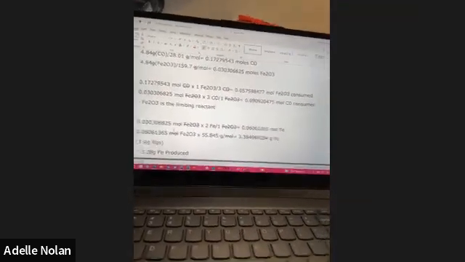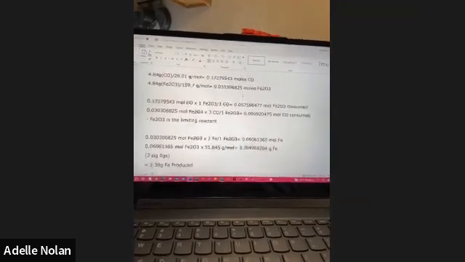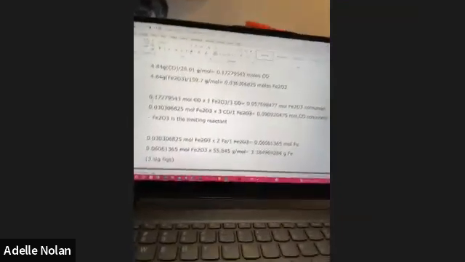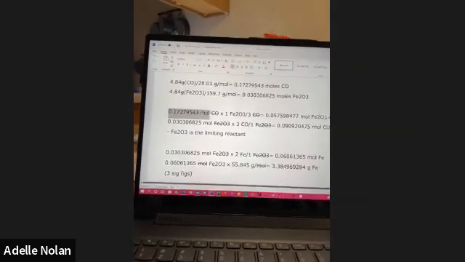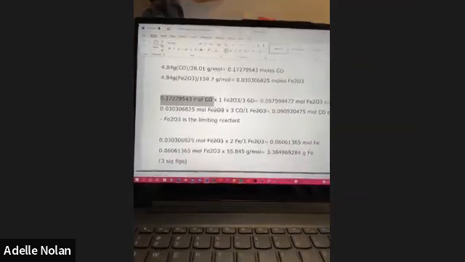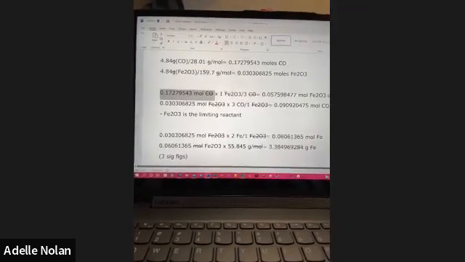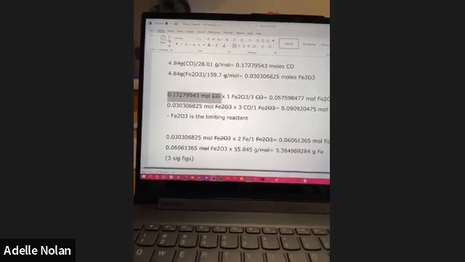Okay, so as I said, once we have the moles of the carbon monoxide and the iron oxide, we find the limiting reactant. So we start with our moles of carbon monoxide. So we plug that into the equation and we multiply that by its ratio. So right now we're only working with the reactants, so the ratio is going to be based off of that.